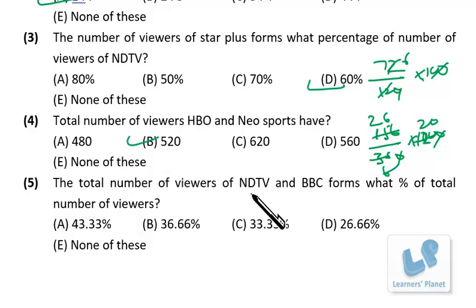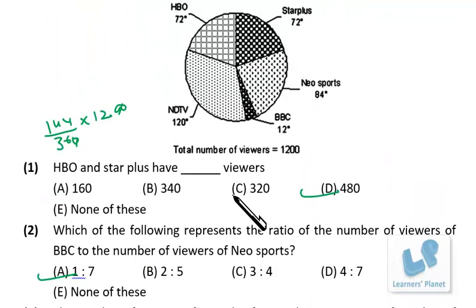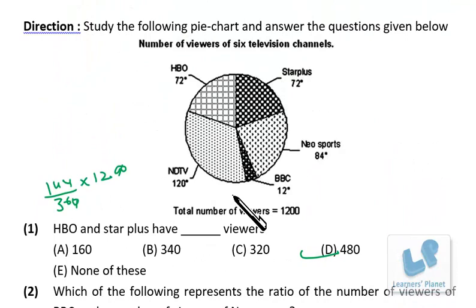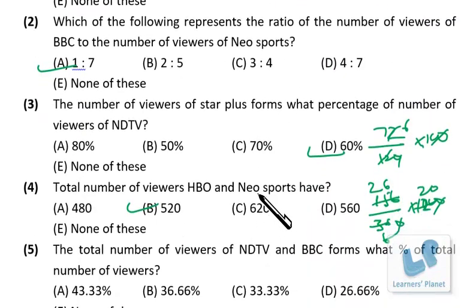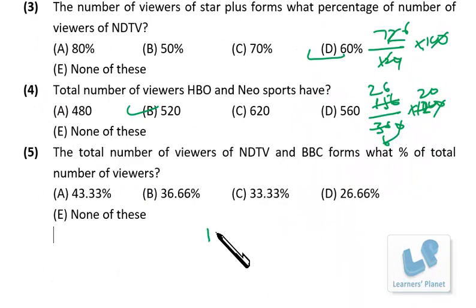The total number of viewers of NDTV and BBC forms what percentage of total number of viewers? So NDTV is 120 degree, BBC is 12, so that is 132 out of 360. And since we have to find out the percentage, we'll take this calculation from 100.